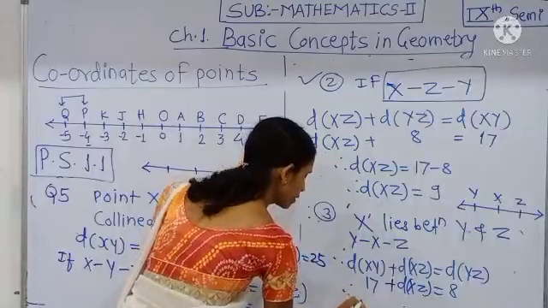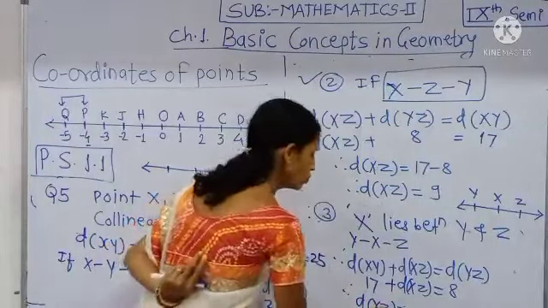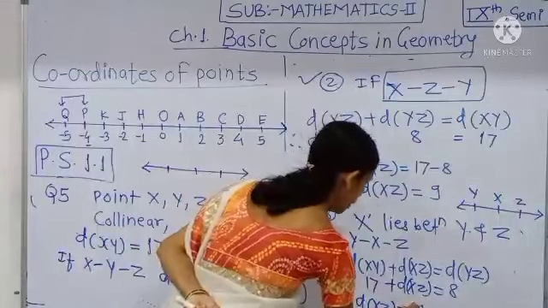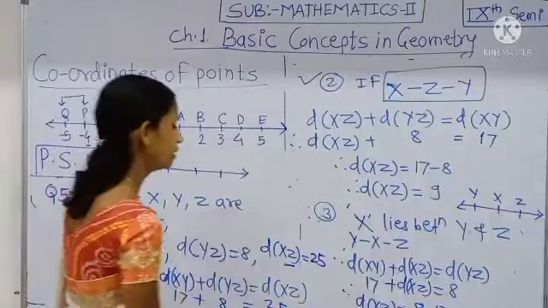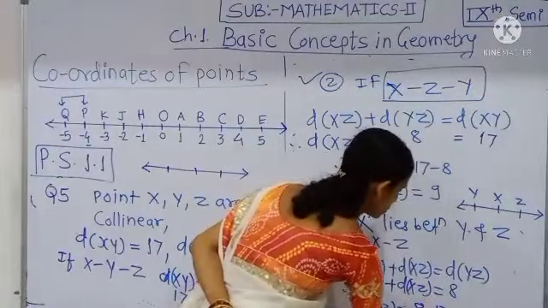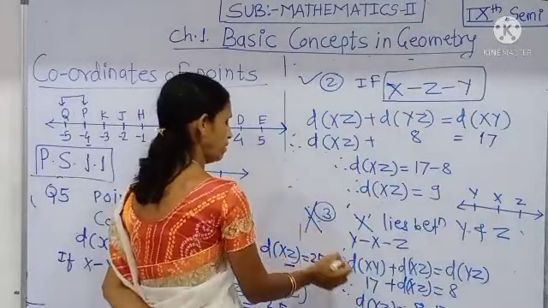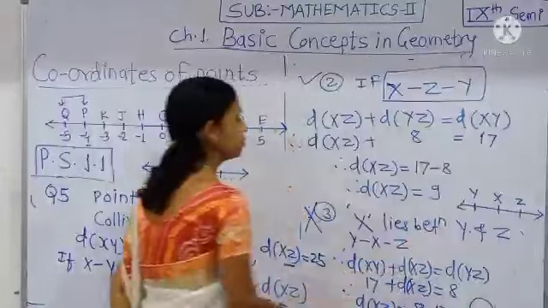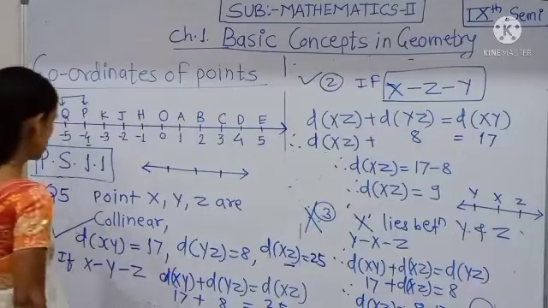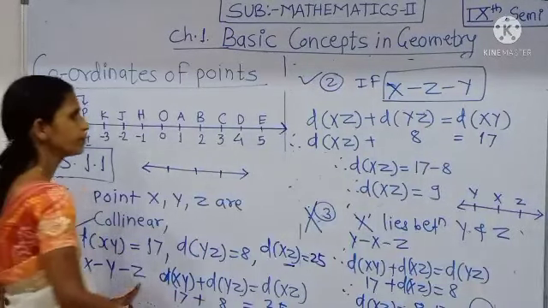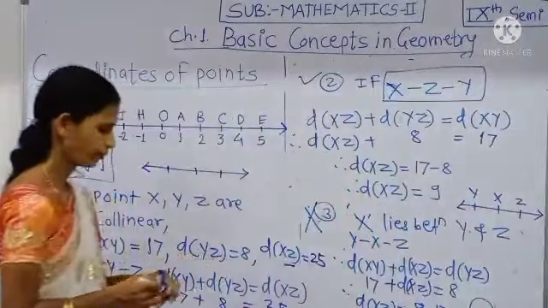Then dxz is equal to 8 minus 17, that is minus 9, and that is not possible because distance cannot be negative. Therefore, there are two possibilities, that is X-Y-Z or X-Z-Y.